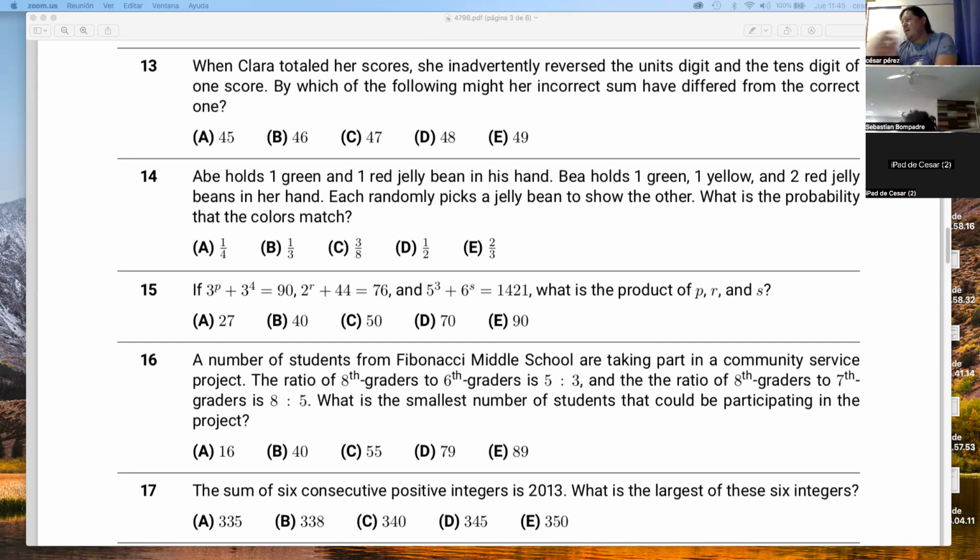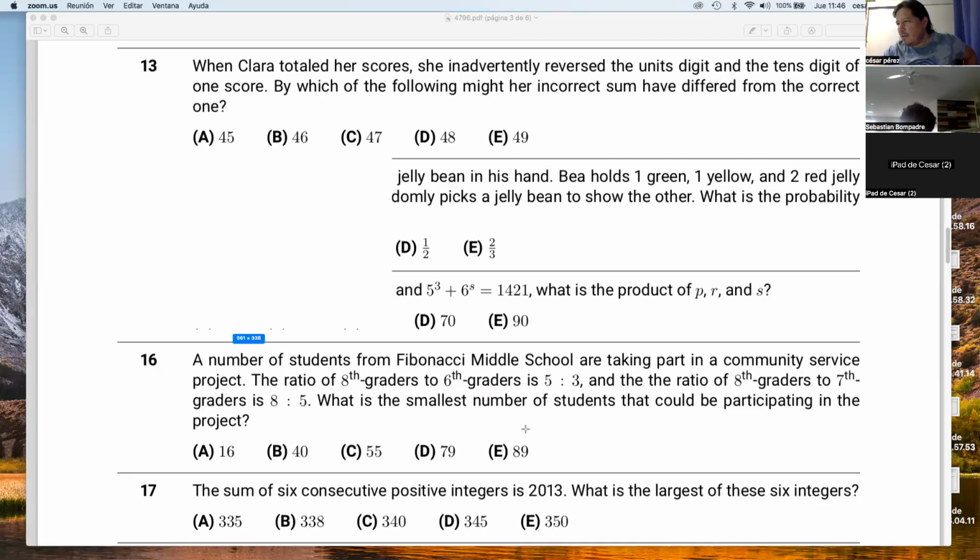Do you have ideas for solving? No. No? Okay. Pick a number, any number, anyone. 15. 15? Okay.